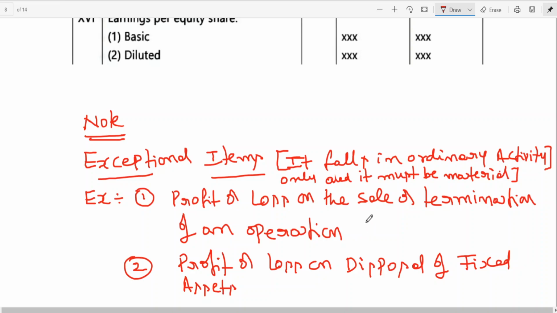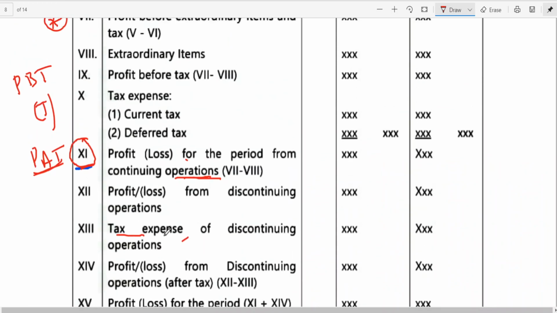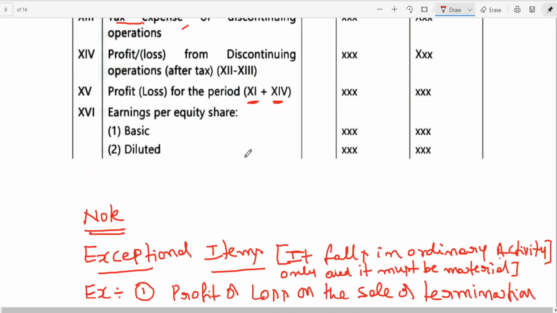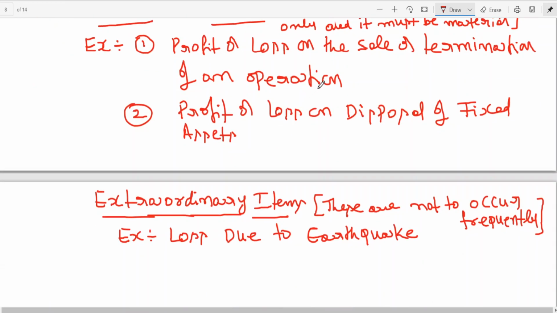Discontinuing is different. Discontinuing means that for the time being you kept it on hold. But this is, you sold it. And that profit or loss on sale or termination of an operation can be taken as exceptional item.